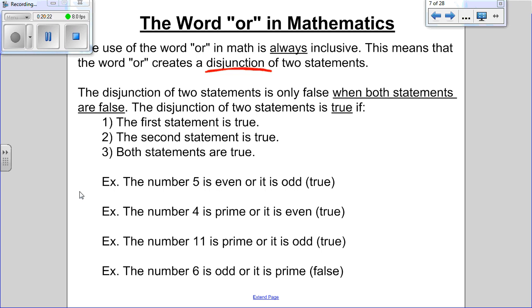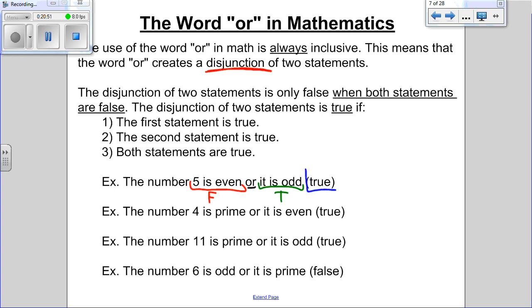The number 5 is even or it is odd. 5 is even. That's false. Or 5 is odd. That's true. When using the word "or," you only need one true statement to make the entire thing true. So that's one false statement, one true statement.